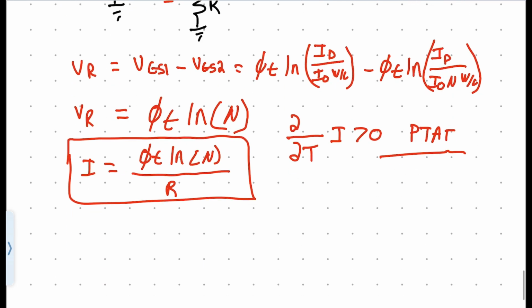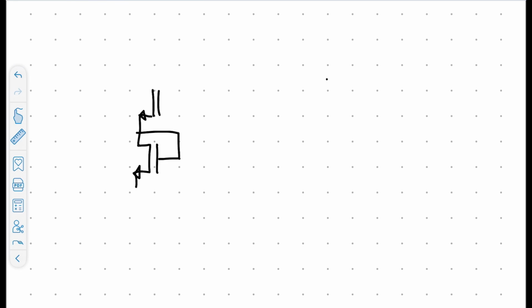To show you another interesting example, we could take the first and second current mirrors that we just went through, and we can combine them to some degree. I'm going to go back to black. If we take the first current mirror that we put together, call this IN.